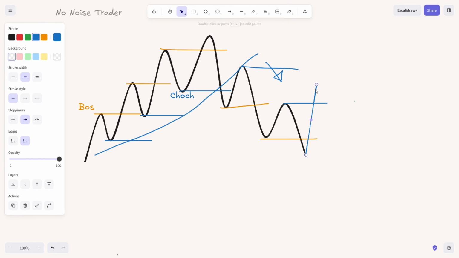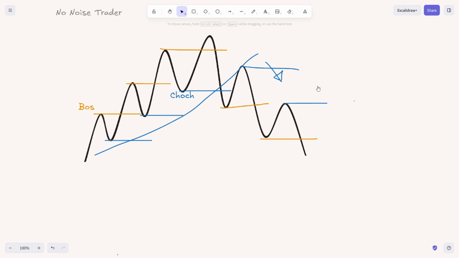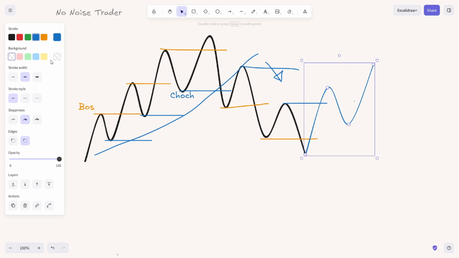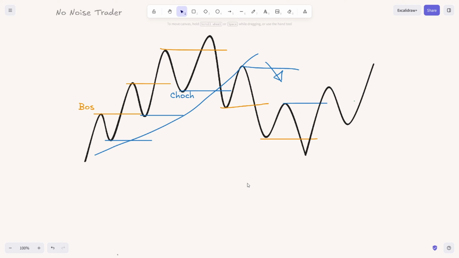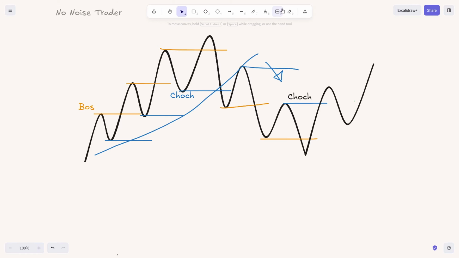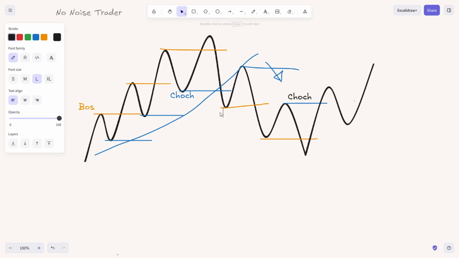Once this got higher, for example from here to here, it could be that way. So let's make it black. Great, and this way. So here, this is a change of character again. And in here we have a break of structure.